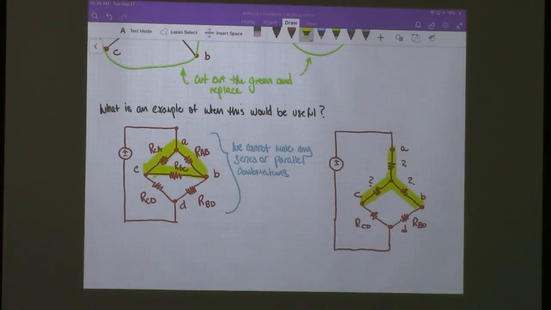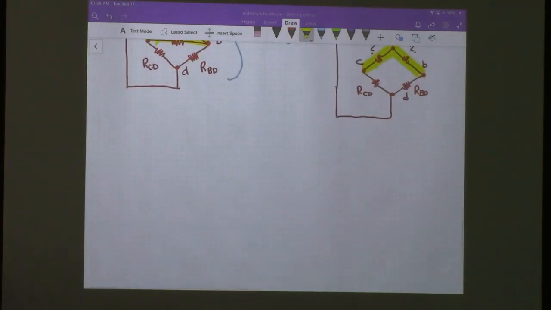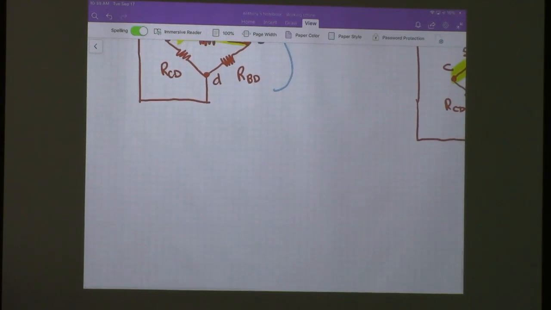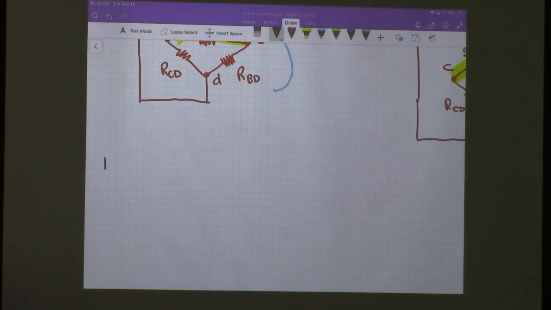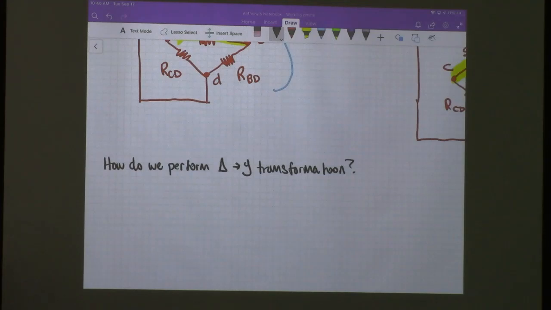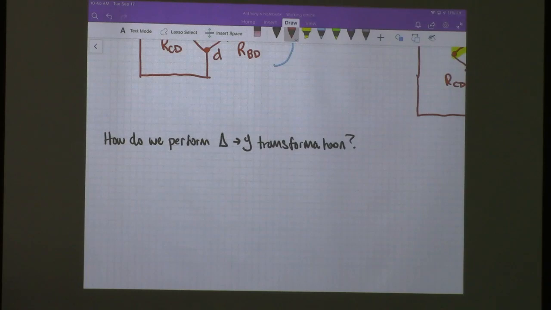All right, so now how do we do this specifically? There's two different cases that we have to worry about.